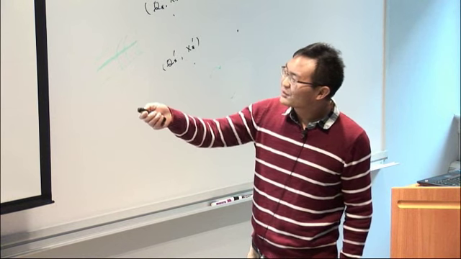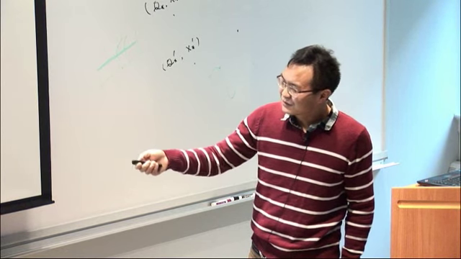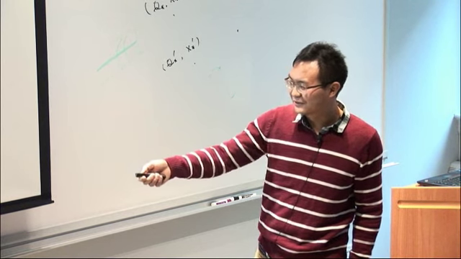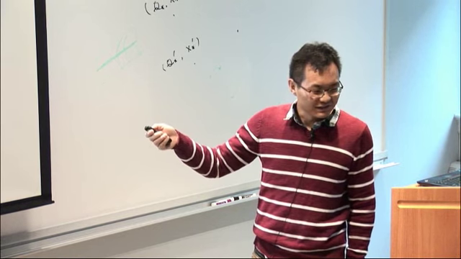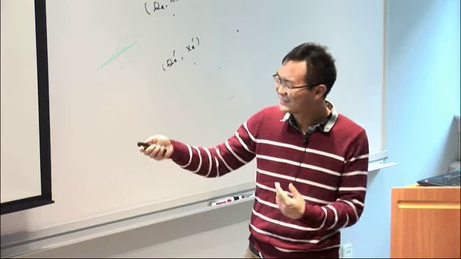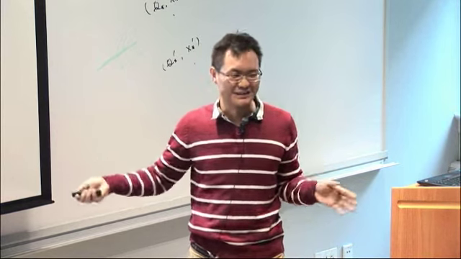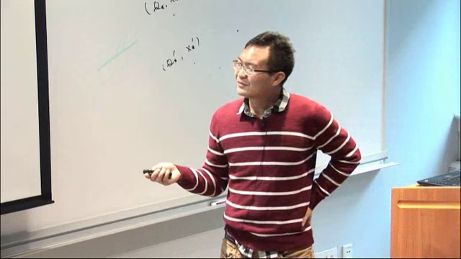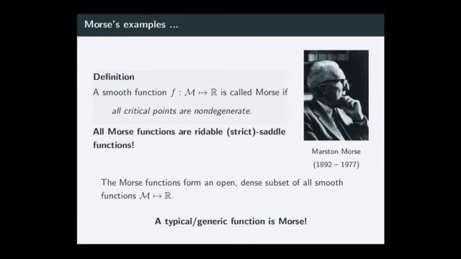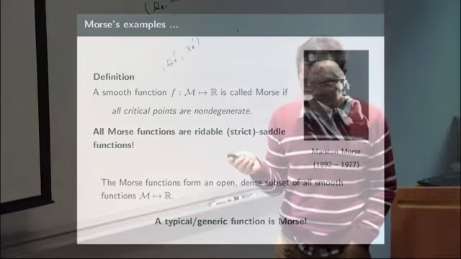I make a special name for functions that only satisfy this P2. We call it writable saddle function, in the sense that this implies all the saddles are writable. You actually get an infinite number of functions that have this kind of property. That's the famous Morse functions.